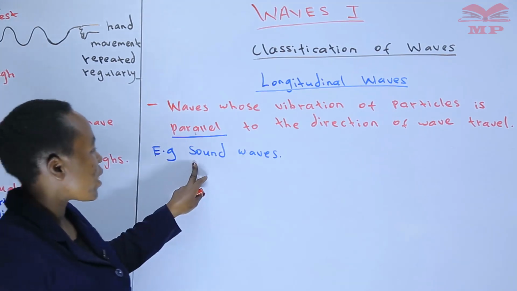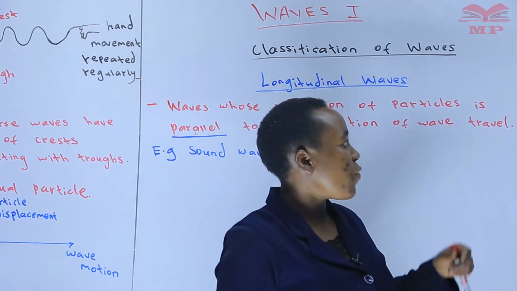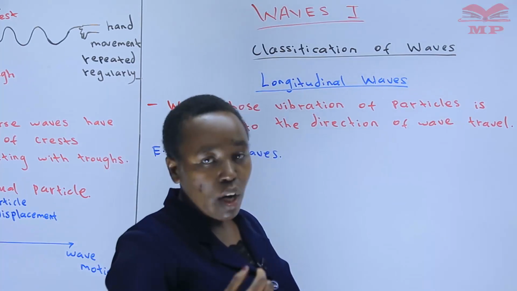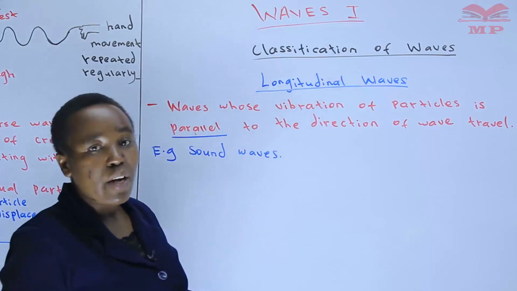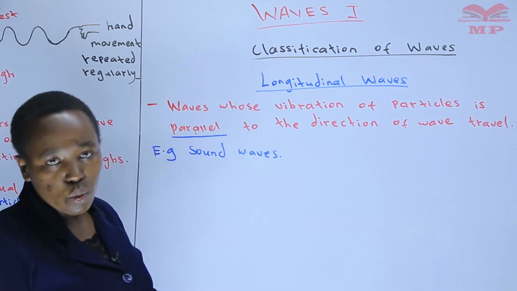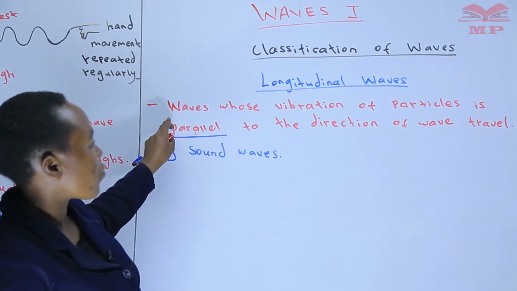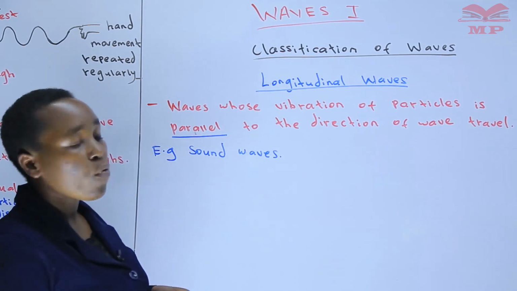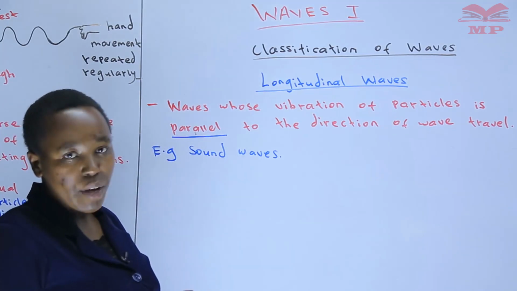Remember, we had seen that sound wave is a mechanical wave, and we said mechanical waves can be either transverse or longitudinal. So sound waves are an example of a longitudinal wave, whose vibration of particles is parallel to the direction of wave travel.